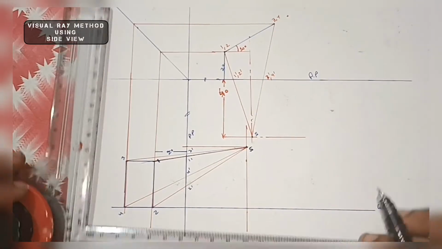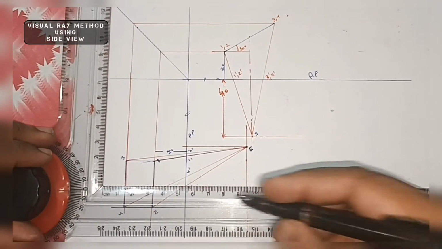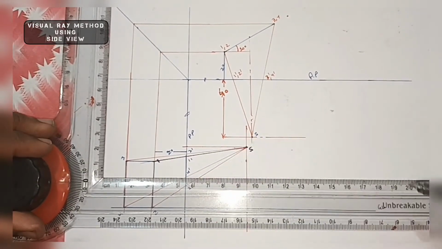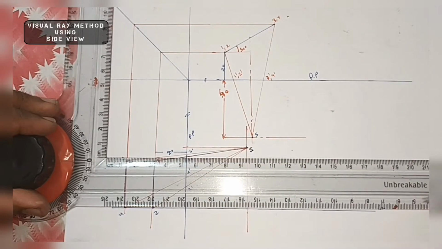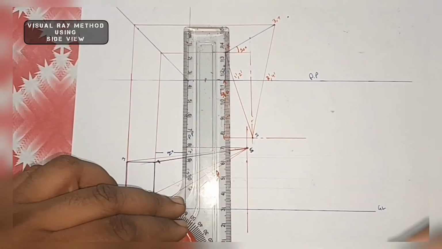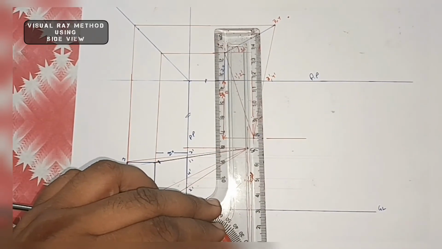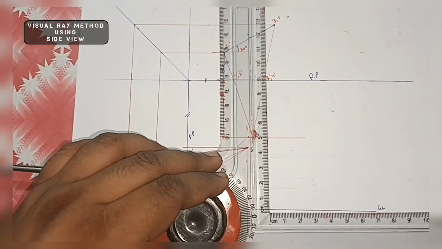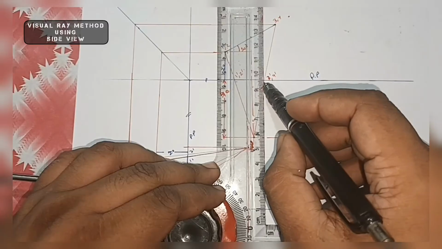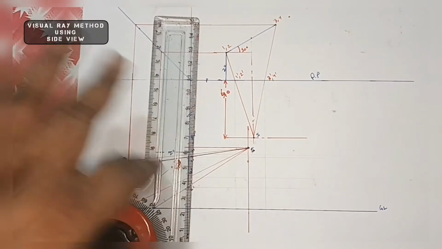Just make parallel lines like this, and the same thing from the vertical, you need to maintain perpendicular. This should be perfectly perpendicular.